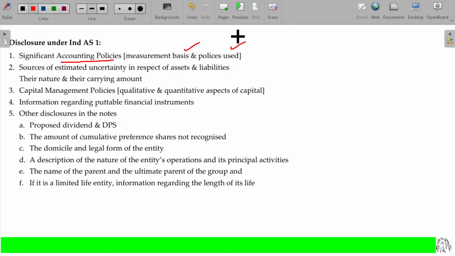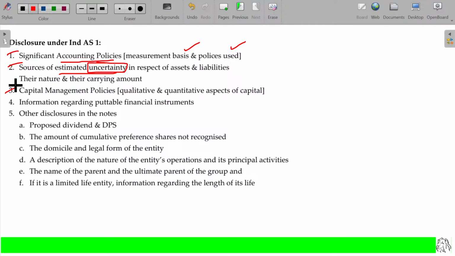How do you measure the value of the assets, liabilities or expenses you've shown in your books? What mode or format you have followed to measure this should also be disclosed, and policies used should also be disclosed if significant in nature. Sources of estimation uncertainty in respect of the assets and liabilities and their nature should also be shown. Any uncertainty should also be disclosed.